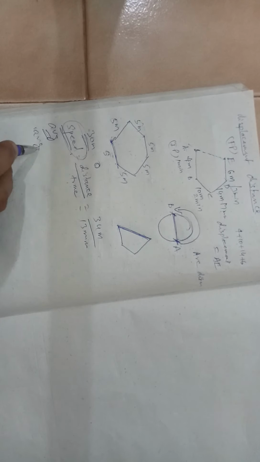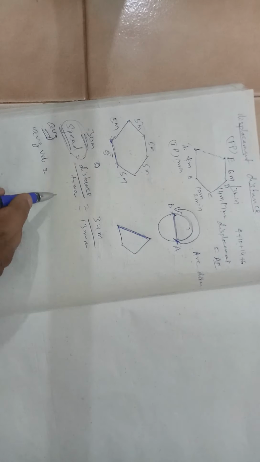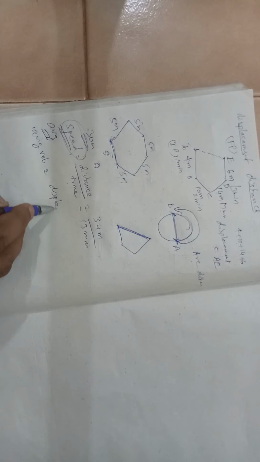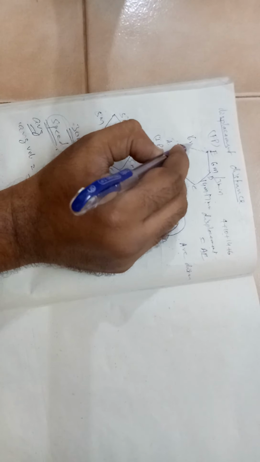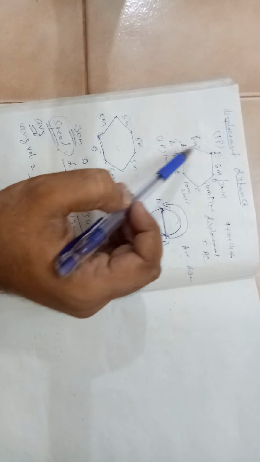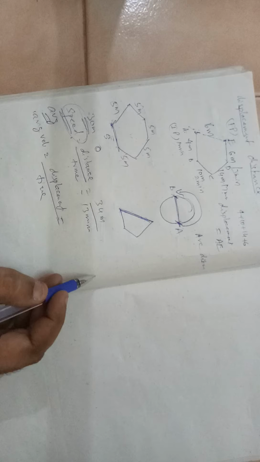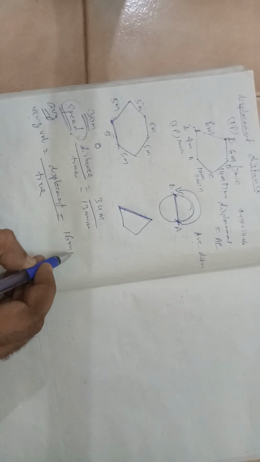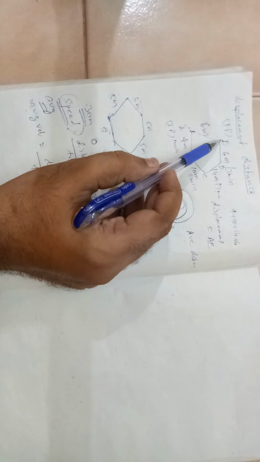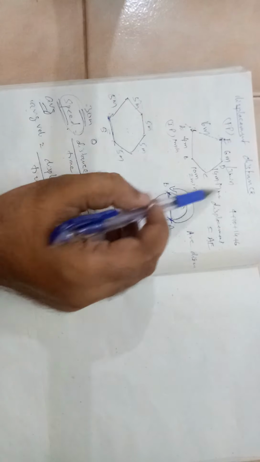Suppose they ask you what is the average velocity. You need to write displacement by time. So let us say this dimension is 16 meters. So what is the average velocity? It will be 16 meters by which time we need to put? Do we need to put this time or this total time?